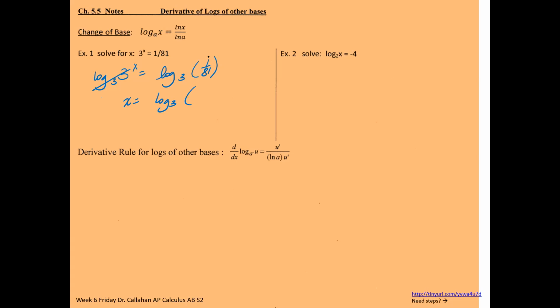Another way of writing 1 over 81 is 1 over 3 to the 4th, and if I rewrite that, I have 3 to the negative 4. I can cross this part out, so x equals negative 4.